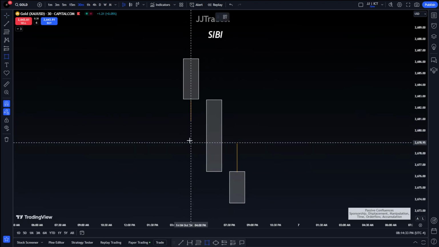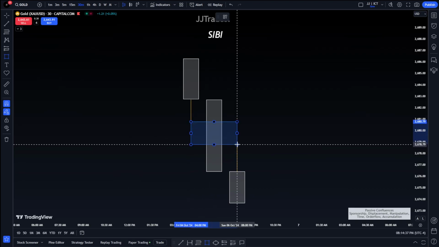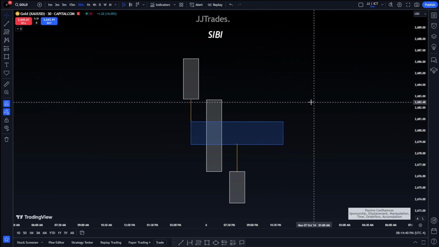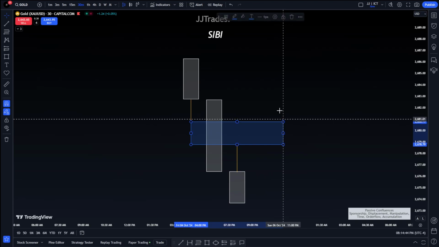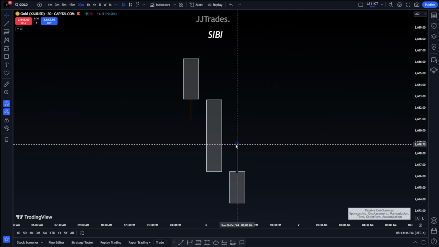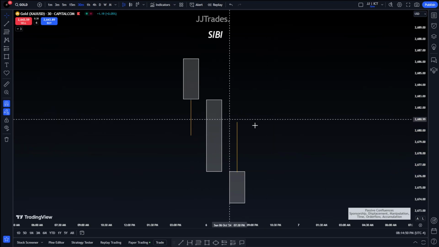So, from the first candle's low to the third candle's high, that's your fair value gap, or your bearish fair value gap, or your SIBI. But if they connected, there's no fair value gap there.